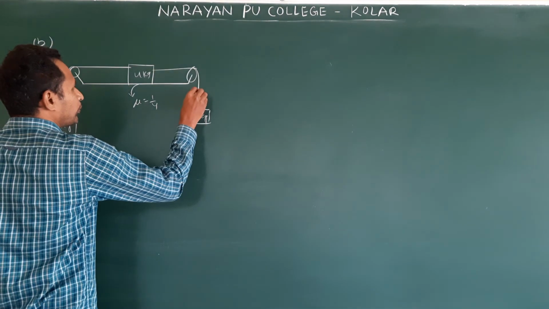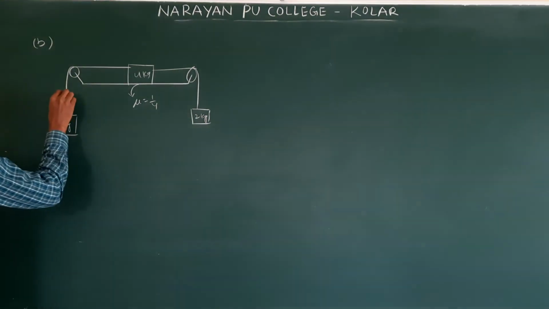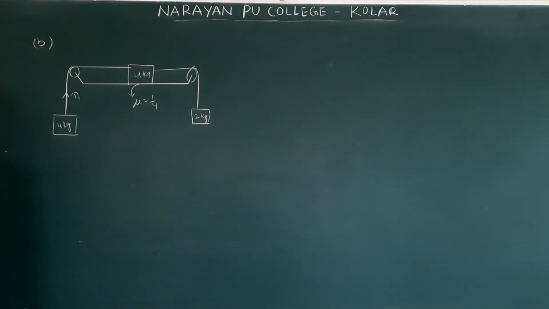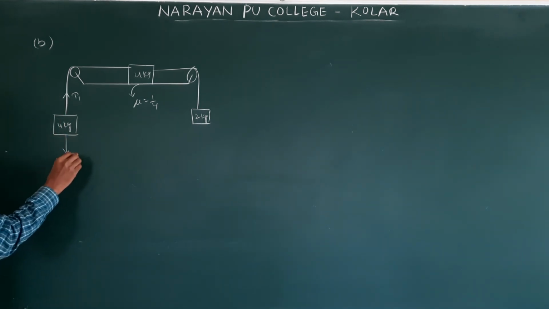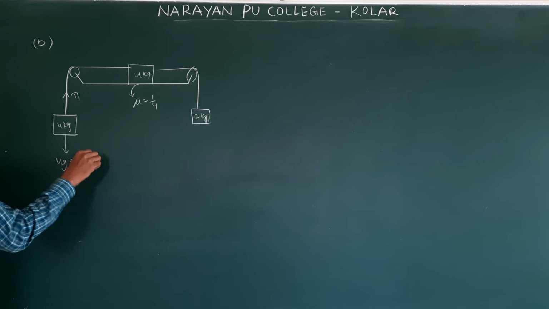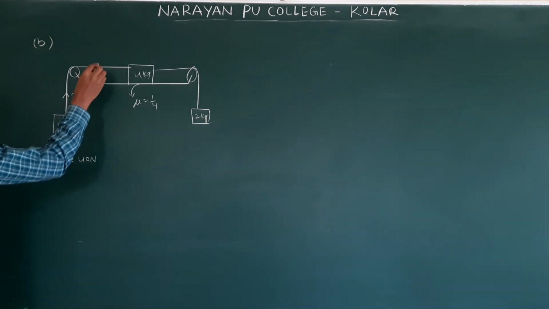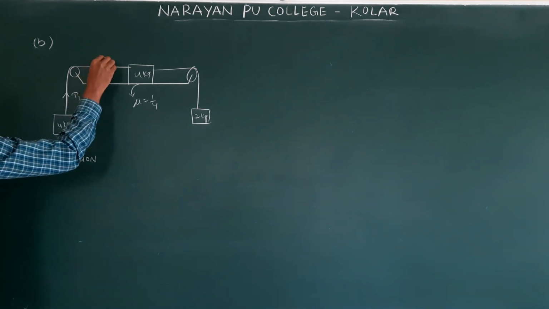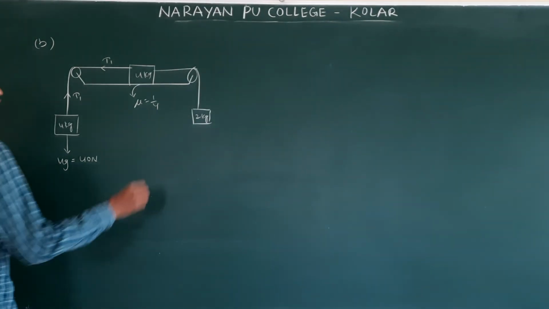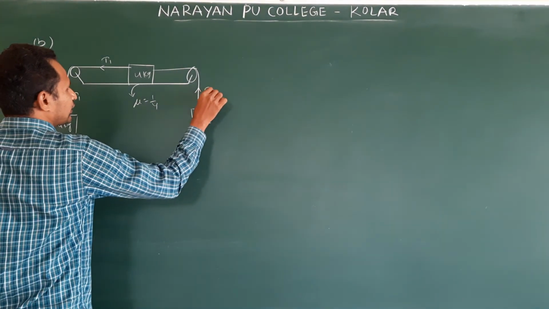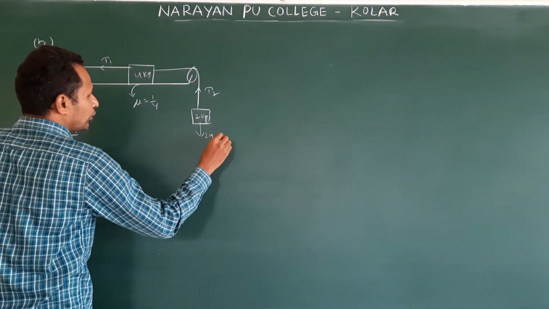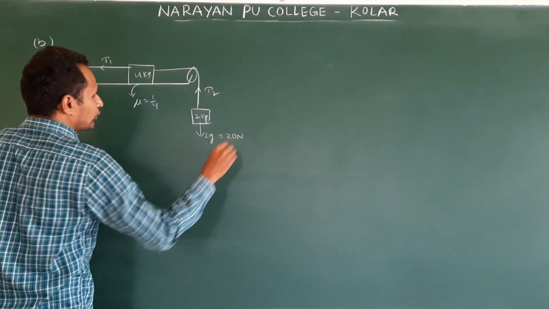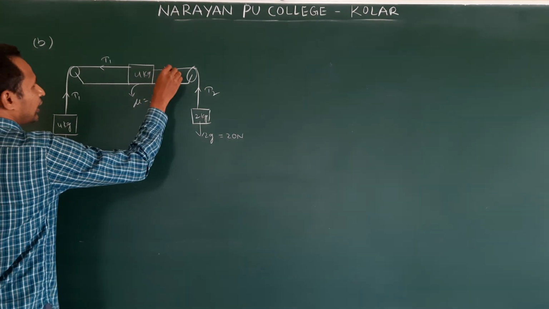So this is the 4 kg block, you take this tension as T1 acting up, weight acting downwards, 4G. This is nothing but 40 Newton, 4 into 10. Now this tension acts upwards, this weight 2G acts downwards, 20 Newton.